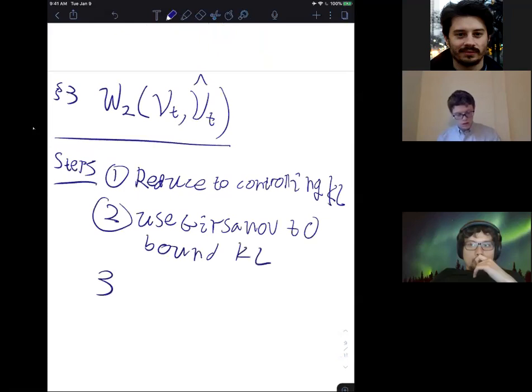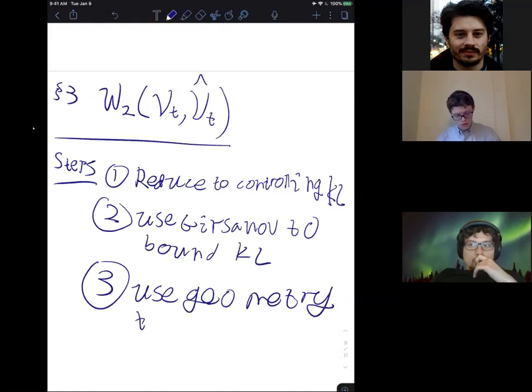Three, we'll use geometry to conclude. These steps are standard. The second step is novel.